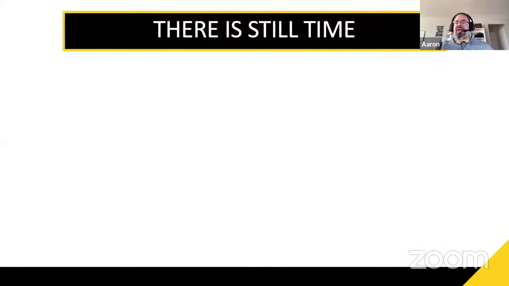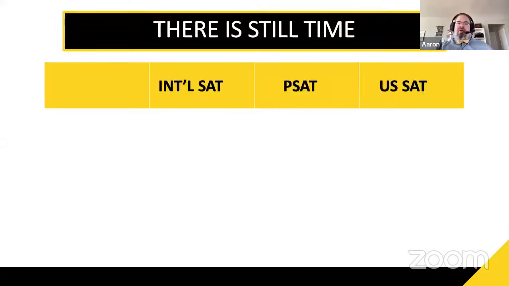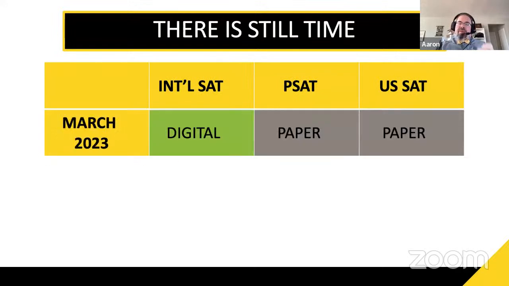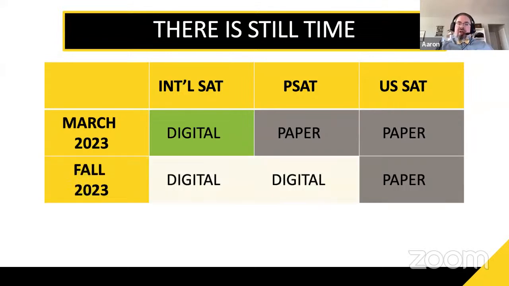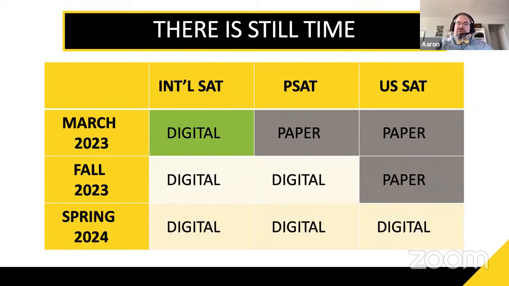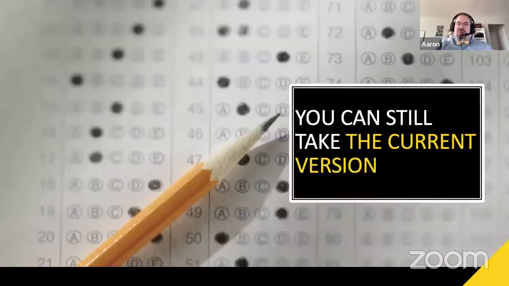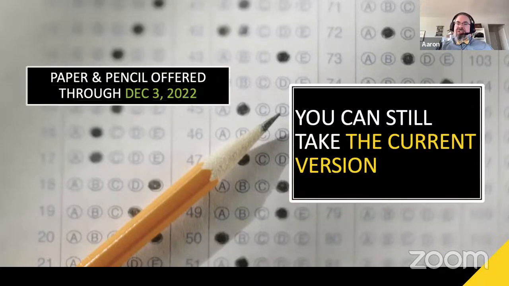So there is still time to take the pencil and paper test. March 23, as we've announced, is going to be a digital test internationally. PSAT is going to be digital in the fall in the United States. And then by spring of 2024, so March 2024, roughly, all tests are going to be digital. You can still take the current version, as we've mentioned.